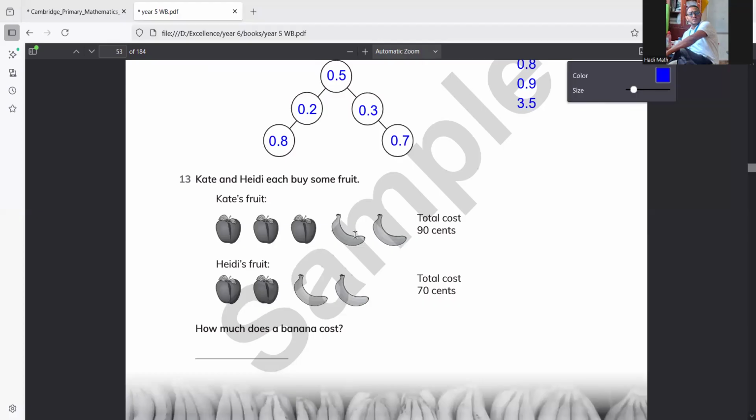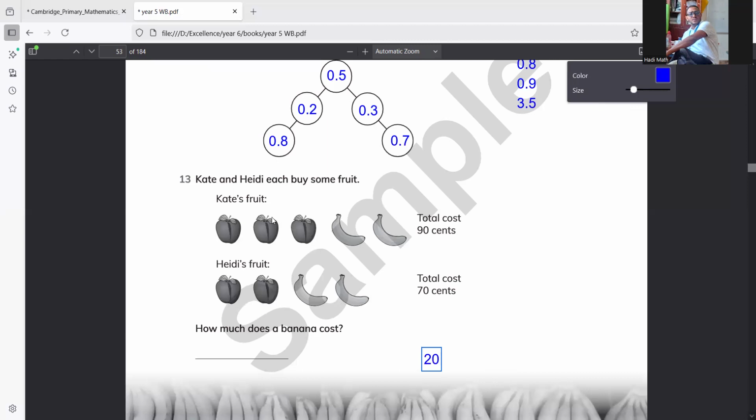Or you could subtract them from each other to find the difference between them. Like this one, 90 minus 70 is equal to 20.